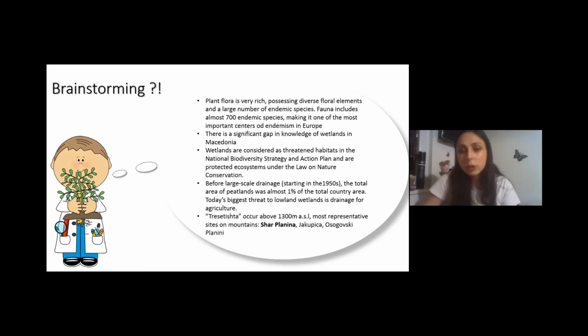Stratigraphic, as we call them, or the mires, occur in Macedonia above 1,300 meters above sea level. The most representative sites with these ecosystems are on Shar Planina, Jakupica, Osogovo, and other high mountains in Macedonia. So that's how Shar Mountain came out.